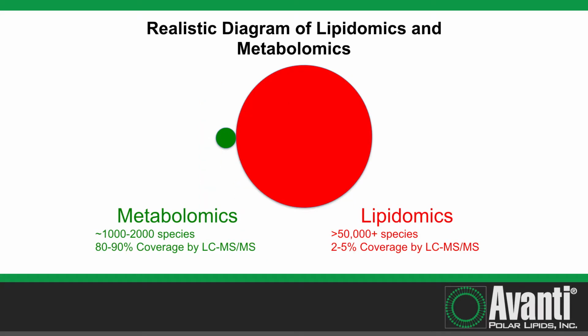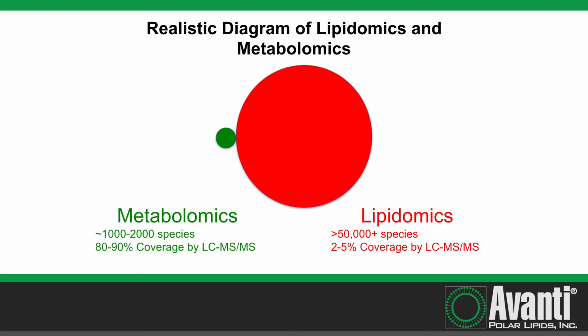In my view of what the Venn diagram is, metabolomics is really just a very small portion of the molecules one can find in biological fluid, whereas lipids represent a vastly large number of species. I've estimated here over 50,000 species.